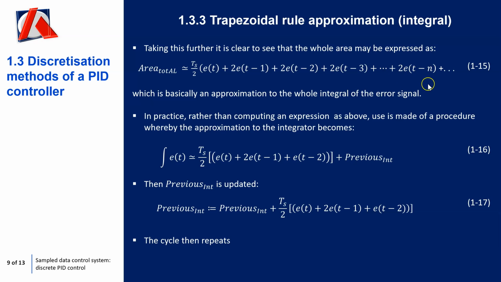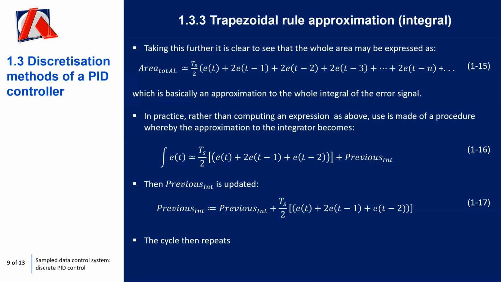And then the pattern just continues, plus e(t-n), where n is just the number of the past sample. So this is effectively approximating the whole integral of the error signal. And you can imagine that would be incredibly computationally intensive if you're sampling very, very quickly. So we don't really want to be doing that to get decent control.